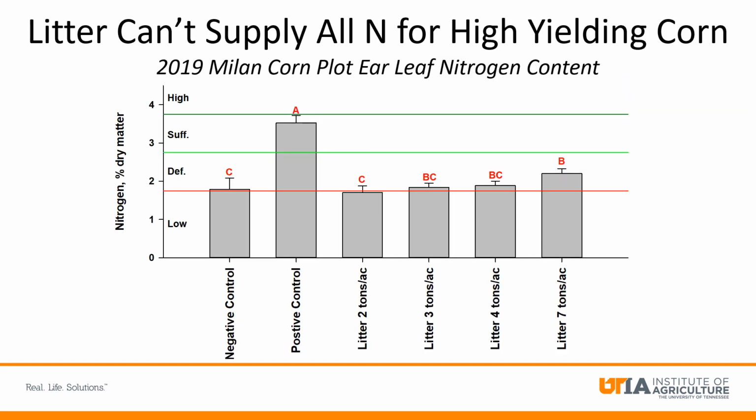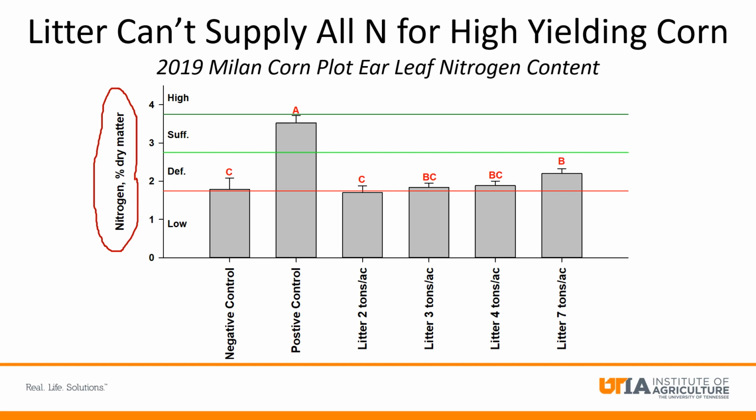As confirmation of the information that was shown in the previous slide, we did collect ear leaf samples from the corn that was grown in 2019 at Milan, and that was fertilized with different rates of litter. And you can see that we have plotted here on one scale, over here on the left, the y-axis, the amount of nitrogen that's present in the ear leaves, which is an indicator of the nitrogen fertilizer application sufficiency.